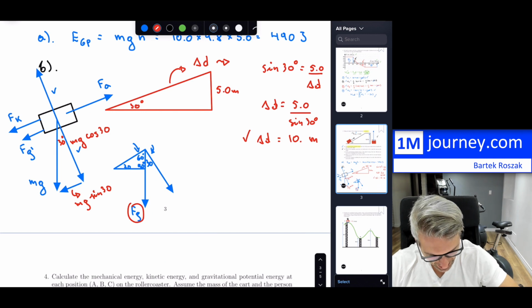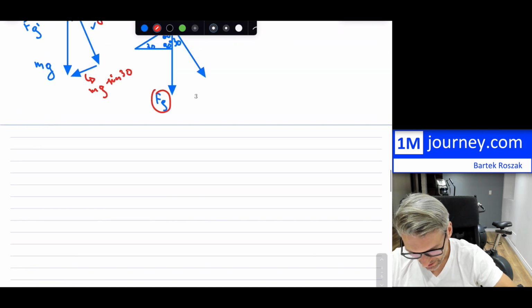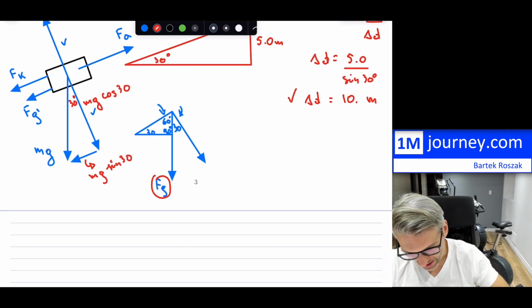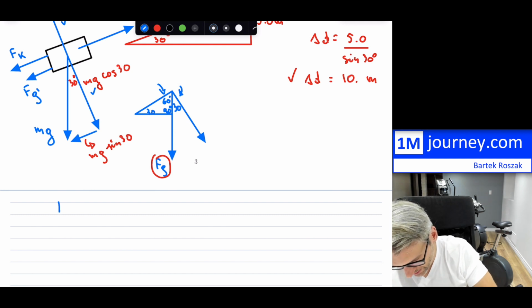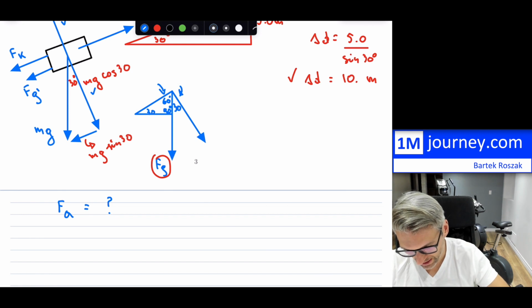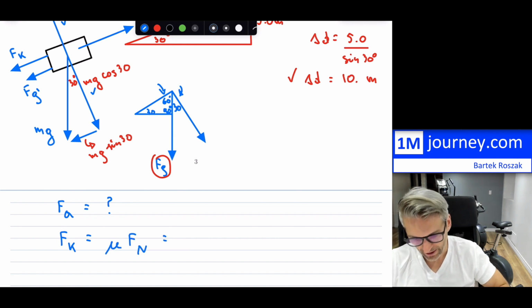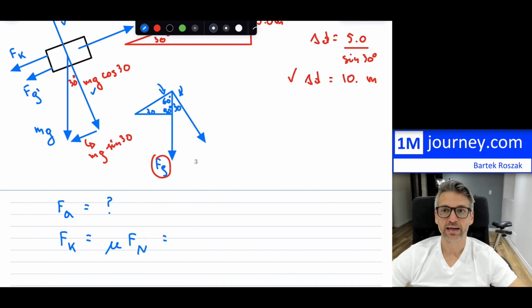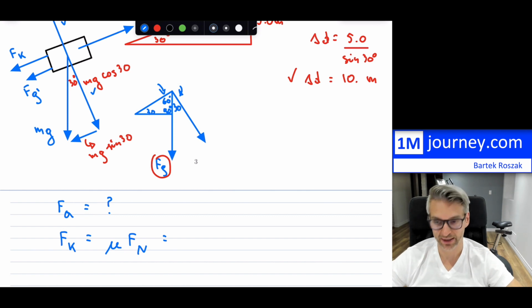All right, so let me just add a little page here so that I have more space. Okay, so now let's get to it. My goal is force applied equals, I don't know yet, but the minimum is that I have to overcome the force of friction, which is going to be mu times your normal force. That's by the friction equation. You can put up a link above to that, dating you back to dynamics.